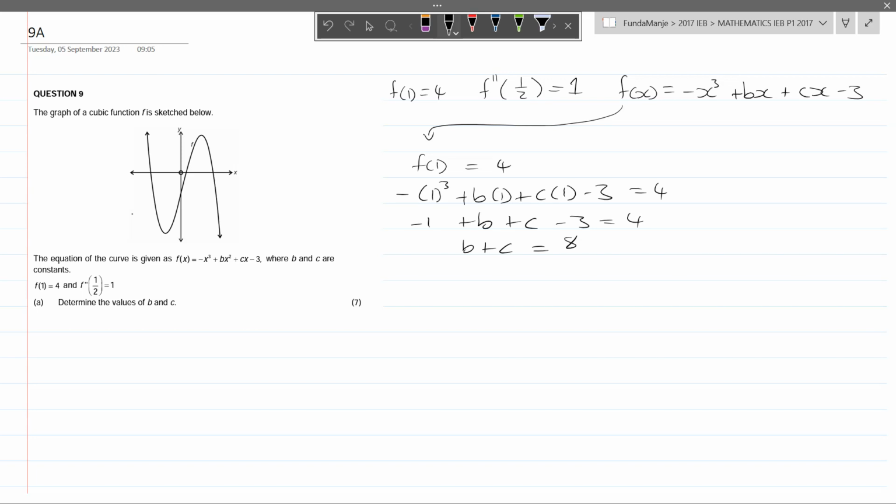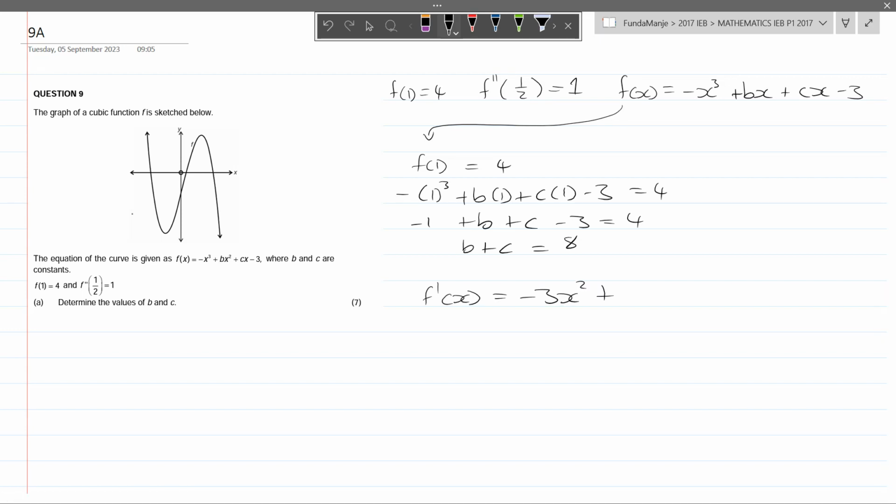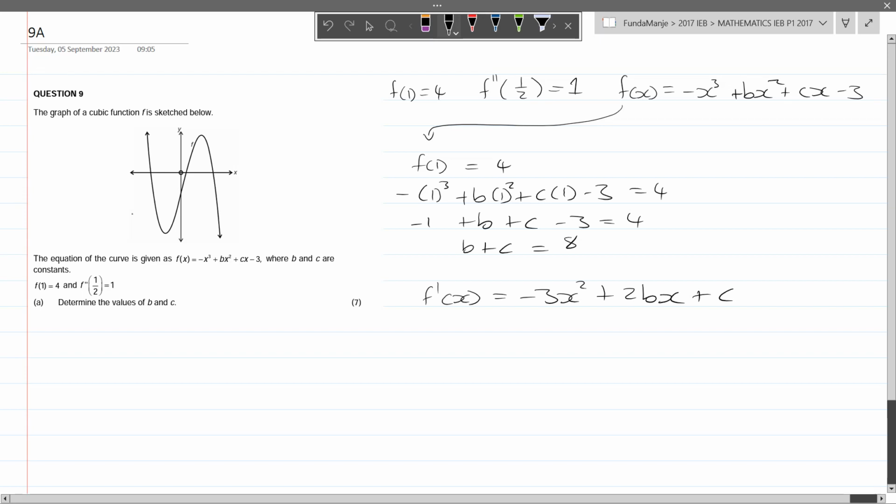And that's done. Then we can work with the second derivative, but we need the first derivative first. So the first derivative is equal to minus 3x squared plus, this is bx squared actually, but it won't make a difference here. This stays the same, and this one will be plus 2bx plus c.